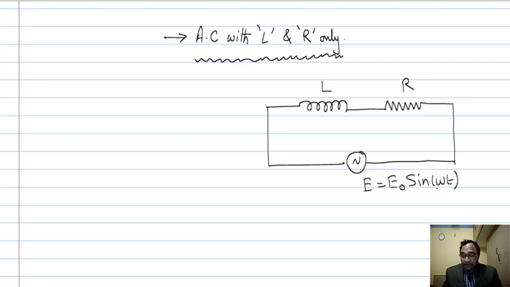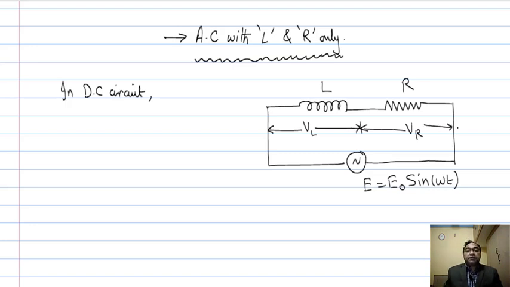In order to find the current, we can recollect that in a DC circuit we say the potential drop across the inductor is VL, and the potential drop across the resistor is VR.